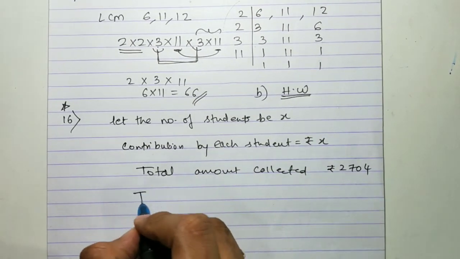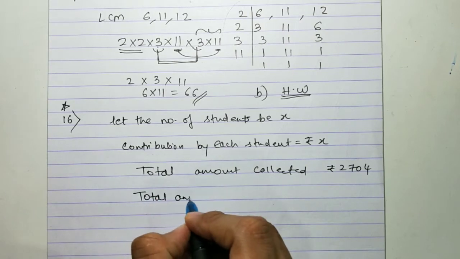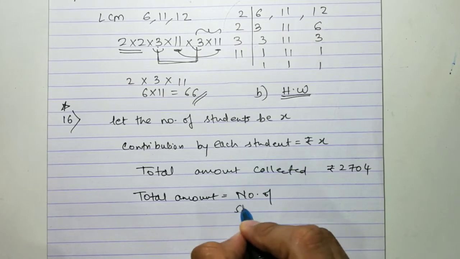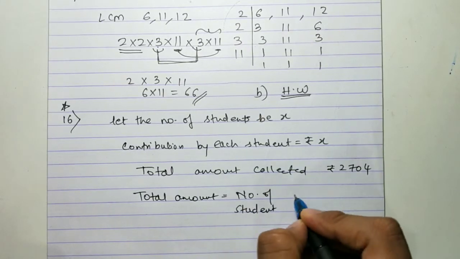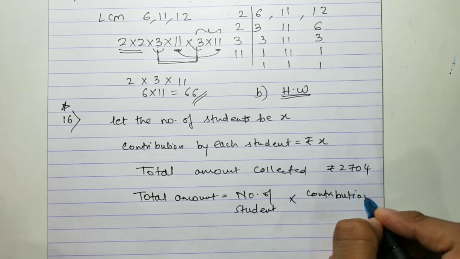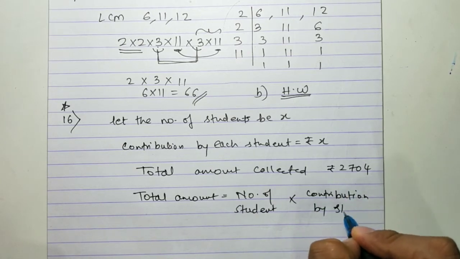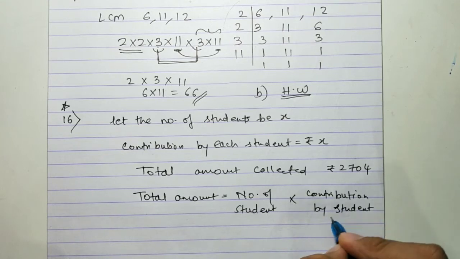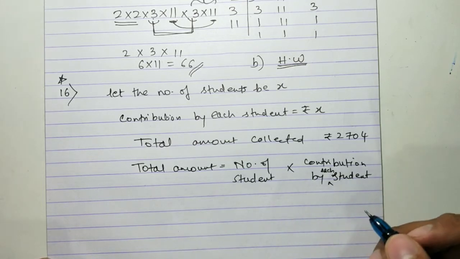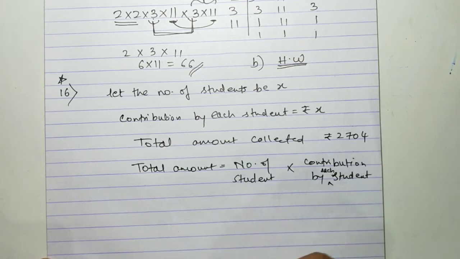Okay, so how to find total amount? Total amount is number of students into contribution by each student. Like अगर 50 स्टूडेंट्स गए हैं और each student gave 50 रुपीज़ तो total contribution कितना हुआ, 50 into 50.